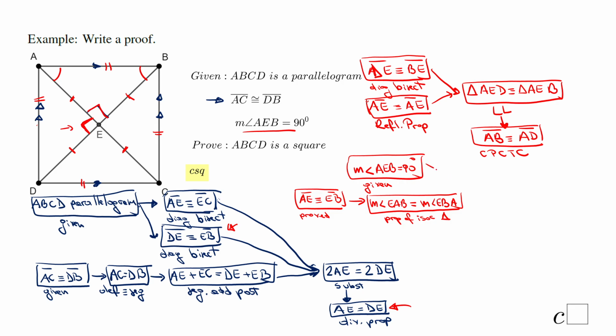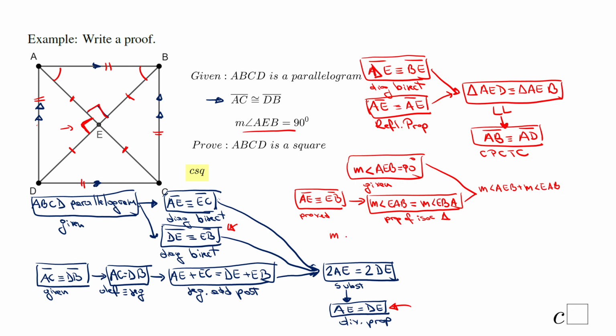Okay, and now based on these two, we can say the measure of angle AEB plus the measure of angle EAB. And in fact, let me write that here better.